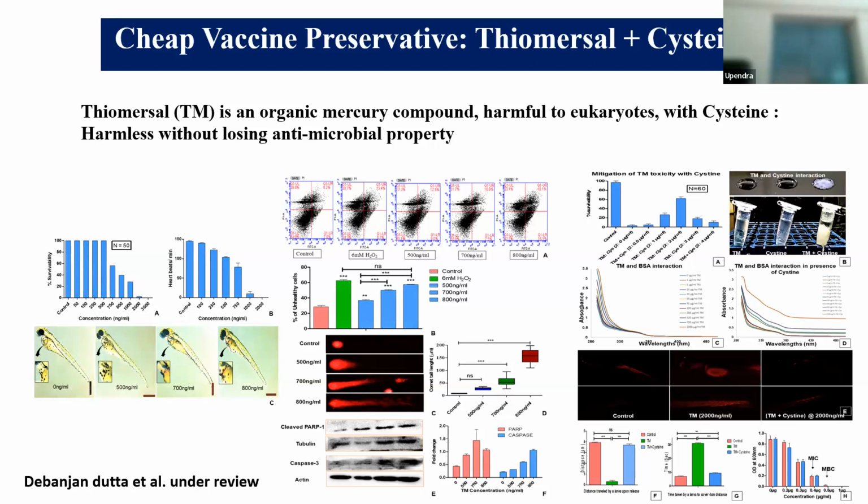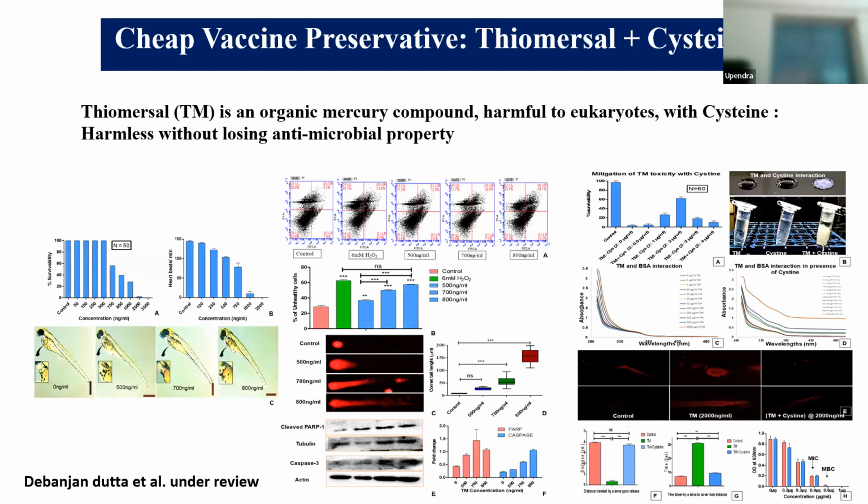The best part is that once we have this conjugate, the organic thimerosal with the cysteine, it still works as a preservative. The killing toxicity level goes down like anything. It is not that toxic to the eukaryote, because it is not targeting the mitochondria, owing to the presence of the cysteine.